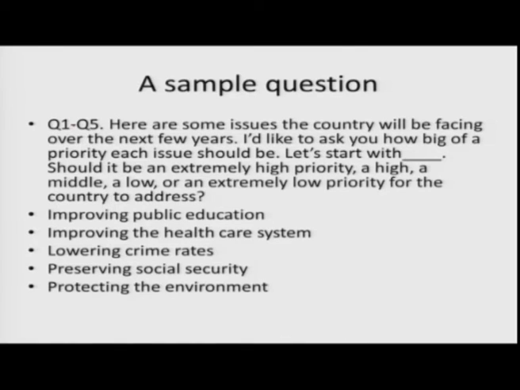For example, question 1 will be: here are some issues the country will be facing over the next few years. I would like to ask you how big of a priority each issue should be. Let us start with improving public education. Should it be an extremely high priority, a high, a middle, a low, or an extremely low priority for the country to address? Similarly, they asked questions about each of these issues.